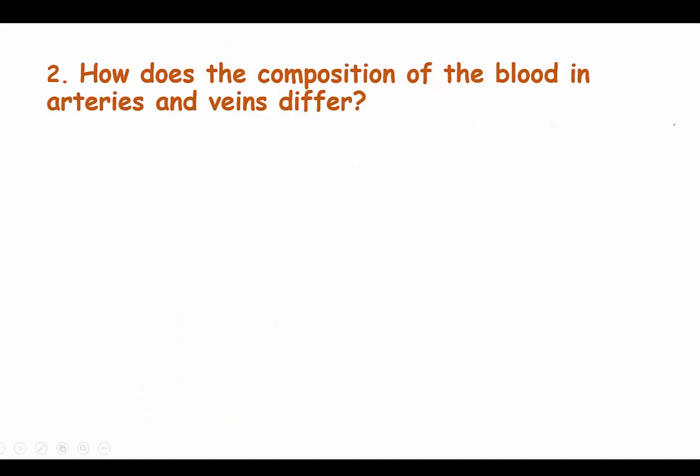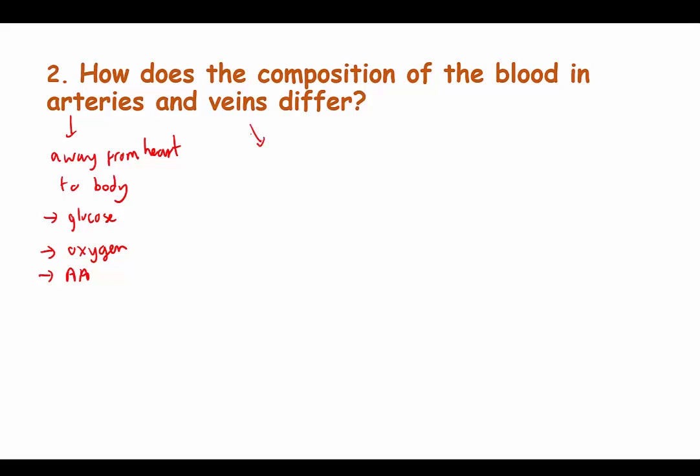Now, how does the composition of the blood in the arteries and veins differ? To answer this question, you need to think about where they're carrying substances to. The arteries usually carry blood away from the heart to the body, so they're going to have things like glucose, oxygen and amino acids, whereas veins carry blood back to the heart.